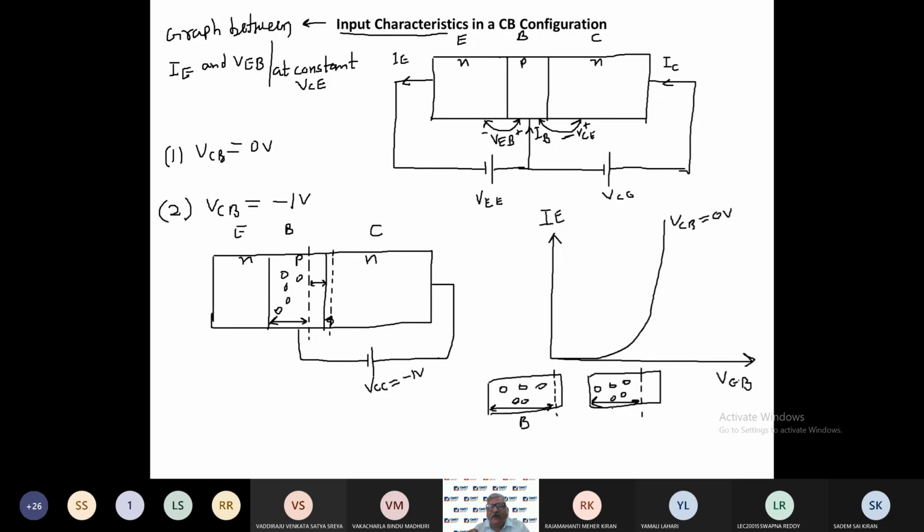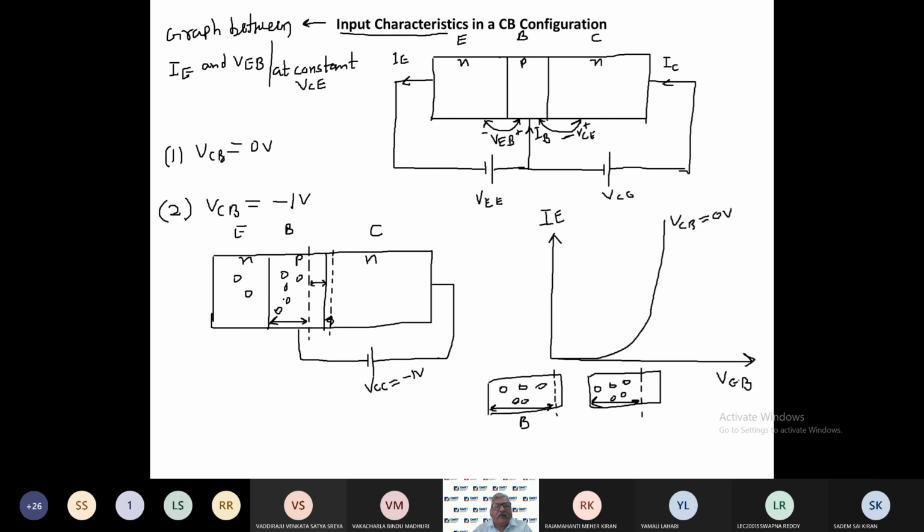The concentration of holes will increase, because earlier the number of holes was 5, but they were in a larger space. Now the same number of holes are there, but the space is less. So the concentration will increase, right? In the N side we have holes as minority carriers.